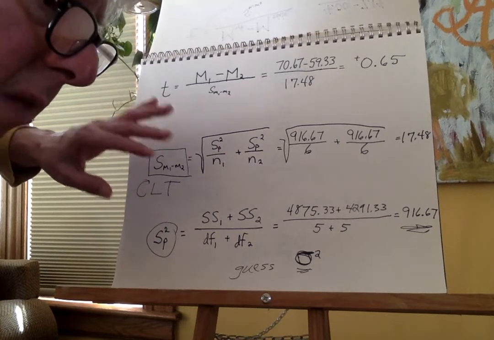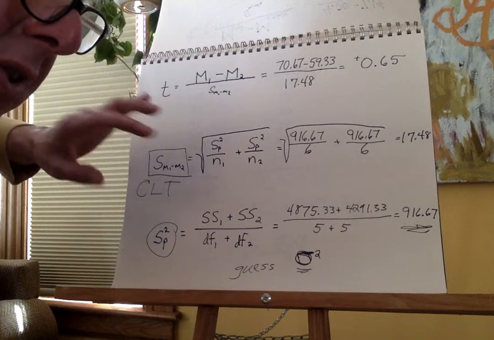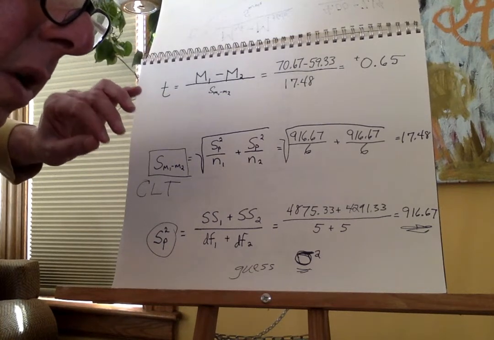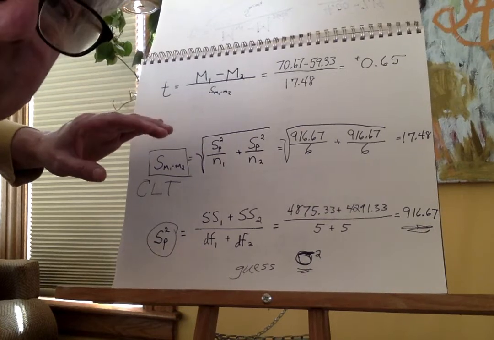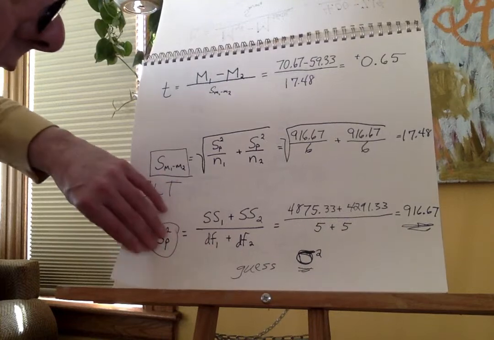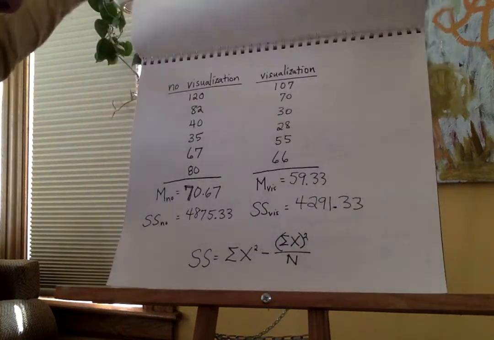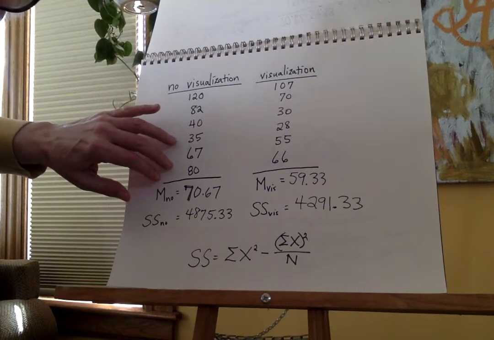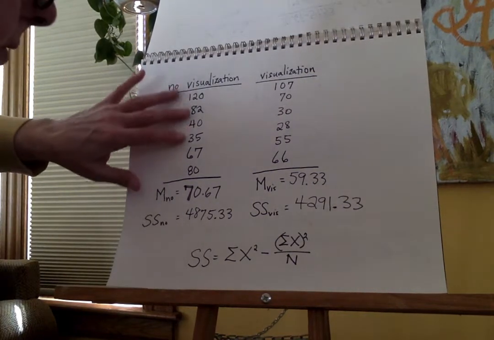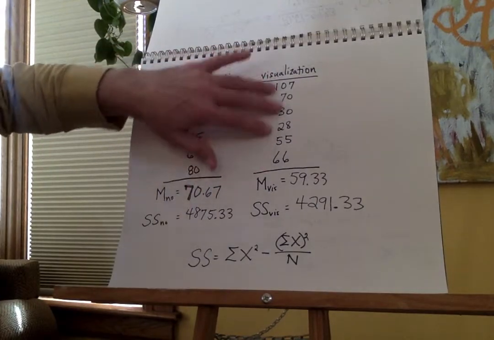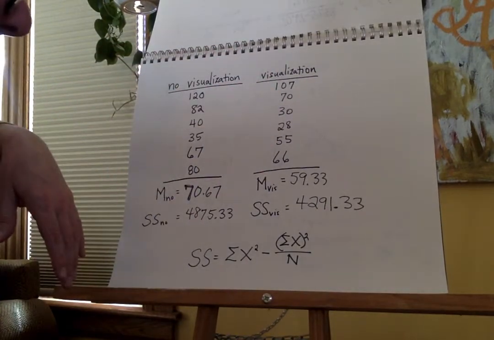So I want to talk about a research design issue. And I just want to tell you that there's another flavor of t-test, okay? So let's go back to our data. In this case, we have a group that did not go through the visualization training, and we have a group that did go through the visualization training, okay?